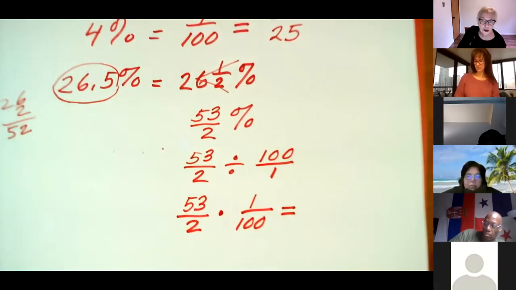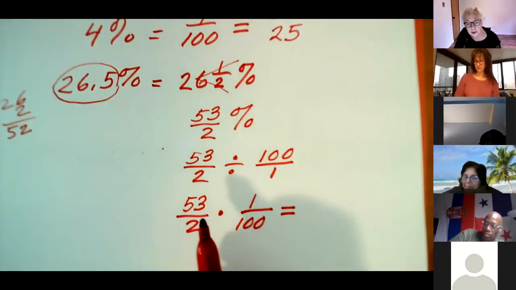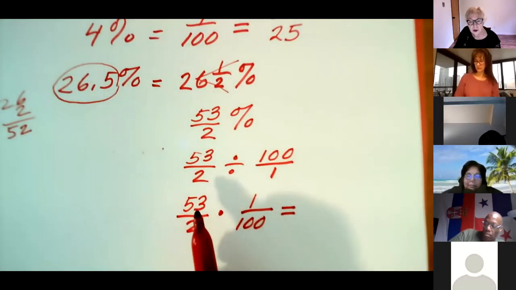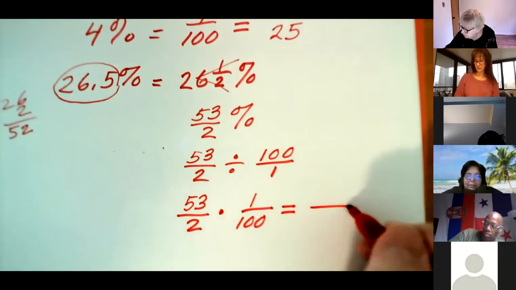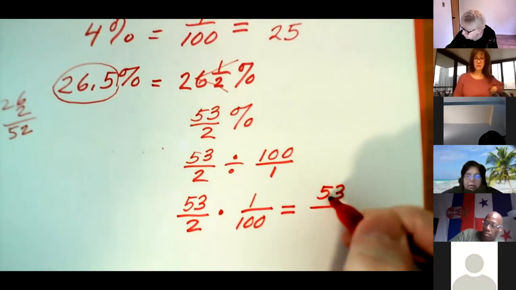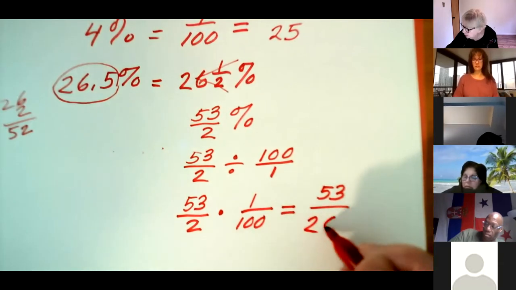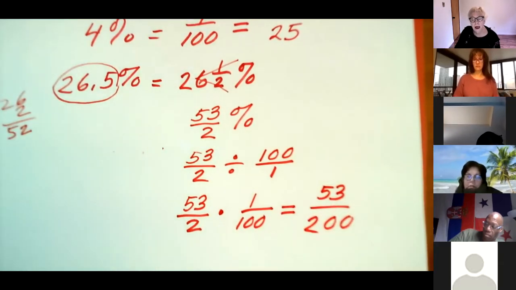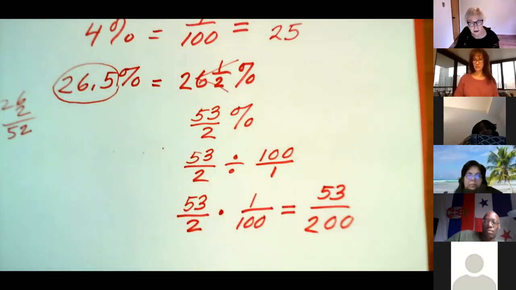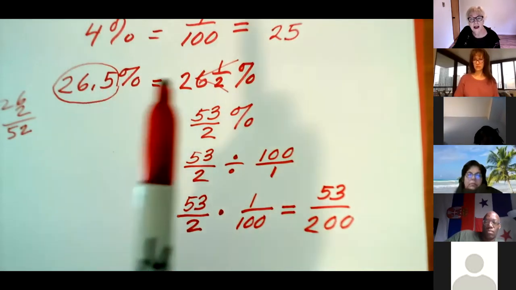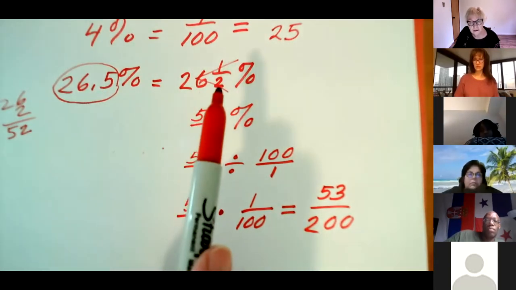Fortunately, that doesn't look too bad. 53 is prime. So 53 times 1 would be 53. And 2 times 100 would be 200. That's not going to reduce, and I'm happy to say it doesn't reduce, so we're done. Not that we didn't have to do a bit of work here, but the decimal had to be a fraction.